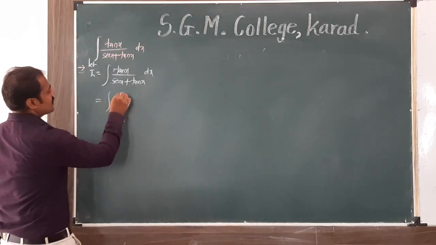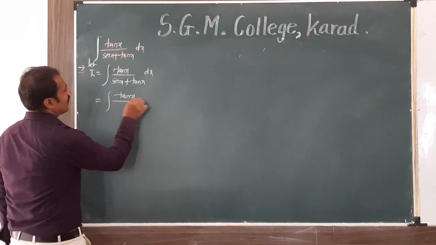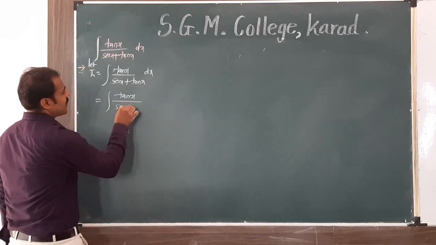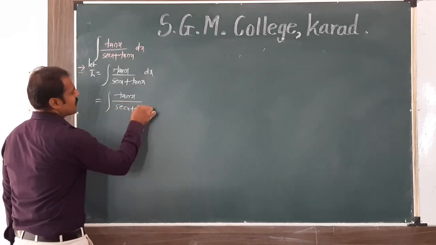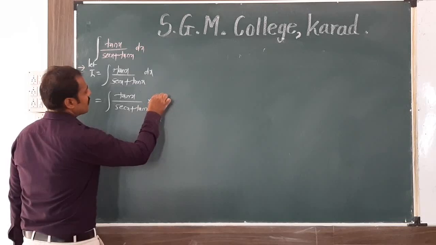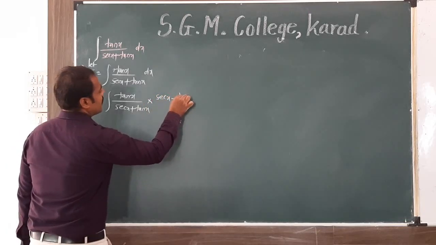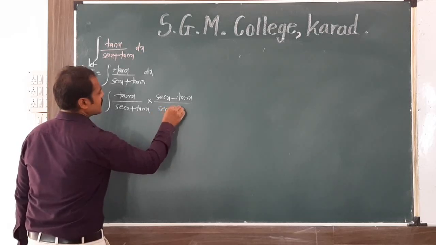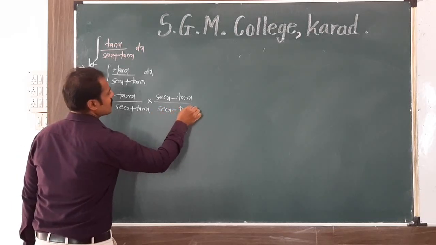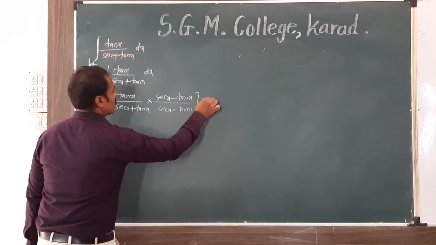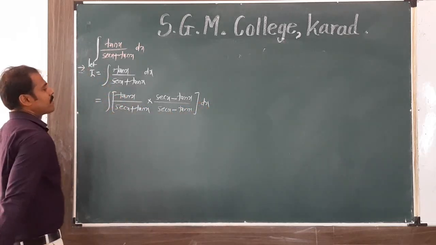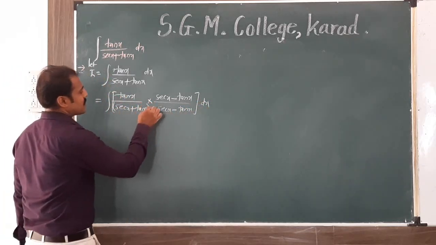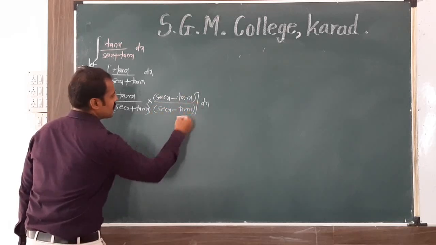So it is tan x divided by sec x plus tan x, and the conjugate of the denominator is sec x minus tan x divided by sec x minus tan x, okay, dx. Put brackets there, sec x plus tan x, sec x minus tan x.